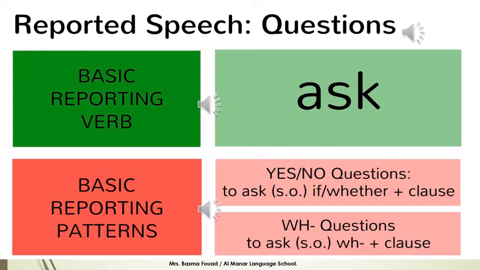All of these are called auxiliary verbs. When you change a question into reported speech, you have to use the WH word as it is in the WH question, or you have to use if or whether in the yes or no question. Let's see what strategies we have to follow.